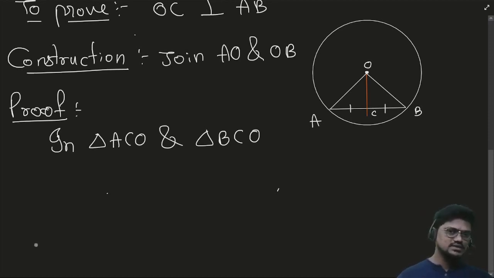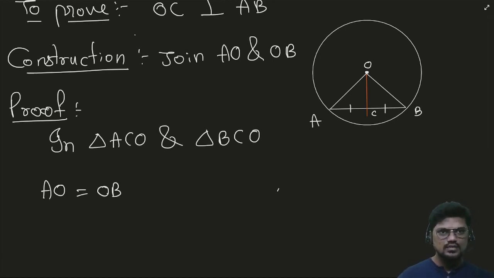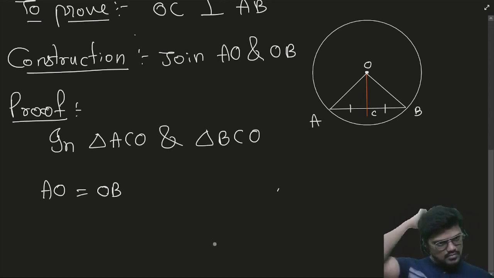So what all things can we say? AO will be equal to OB. Can I say this? What would be the reason? Since the point O is the center, AO and OB will be equal.